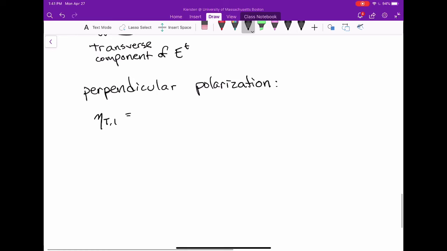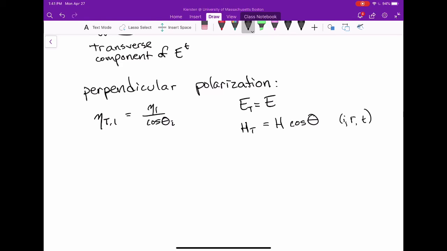Eta T1 is going to be eta 1 over cosine theta I, because the transverse electric field is just equal to the full electric field, but the transverse magnetic field is equal to the magnetic field times cosine theta of whatever field we're talking about. So for I, R, or T. And in medium 2, the transverse wave impedance is eta 2 over cosine theta t.